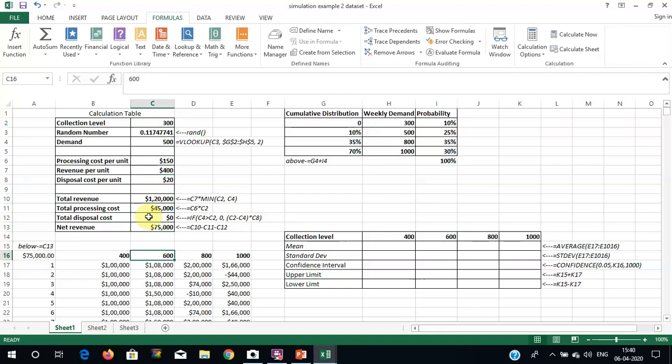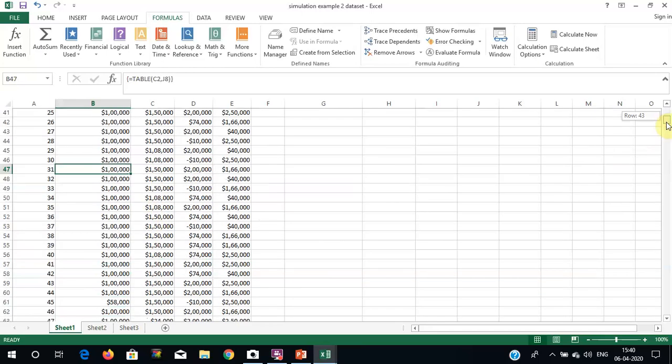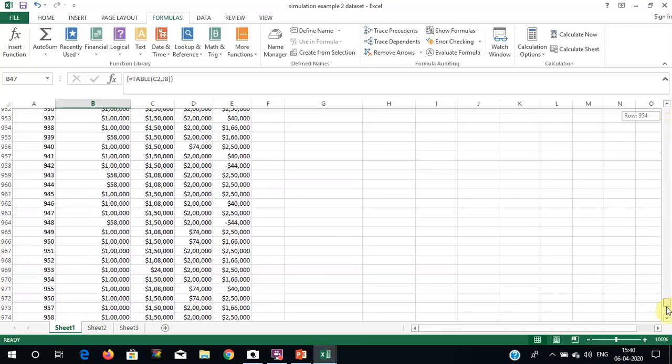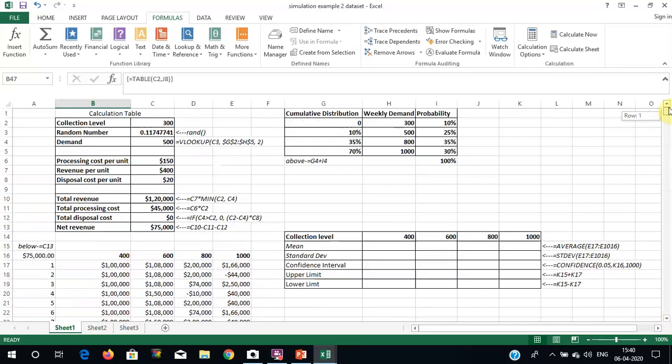Now I have to run based on these different demand scenarios and collection levels. I'm running a scenario of 1000 scenarios, so you can see this table. And how do I get this value?